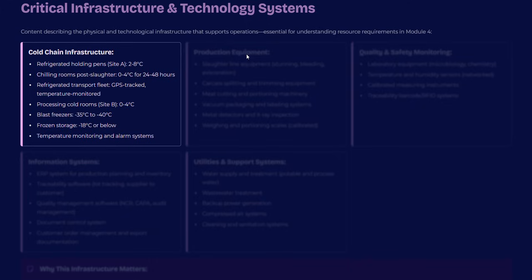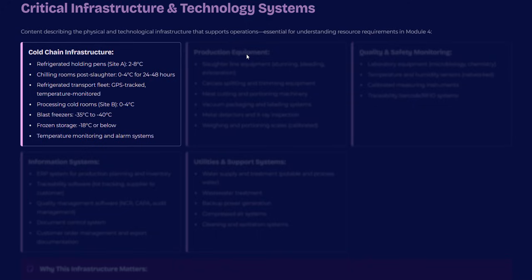We have chilling rooms for post-slaughter, which have to be maintained at 0 to 4 Celsius for 24 to 48 hours. Then we have refrigerated transport fleets, which have to include GPS tracking and also temperature monitoring. Then we have process cold rooms inside B, to be maintained at 0 to 4 Celsius.